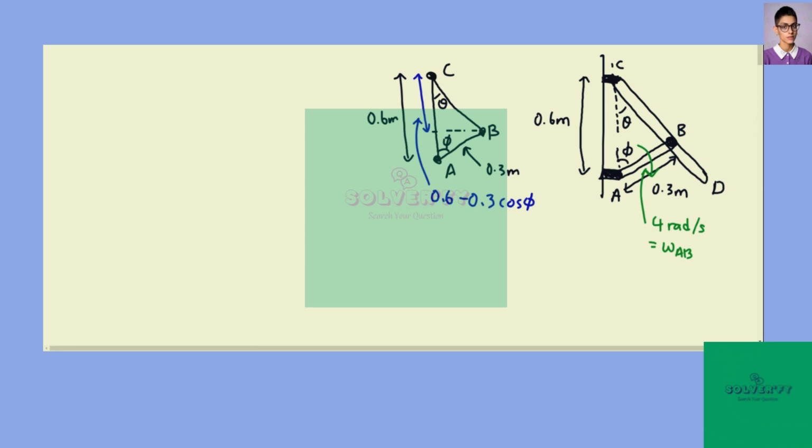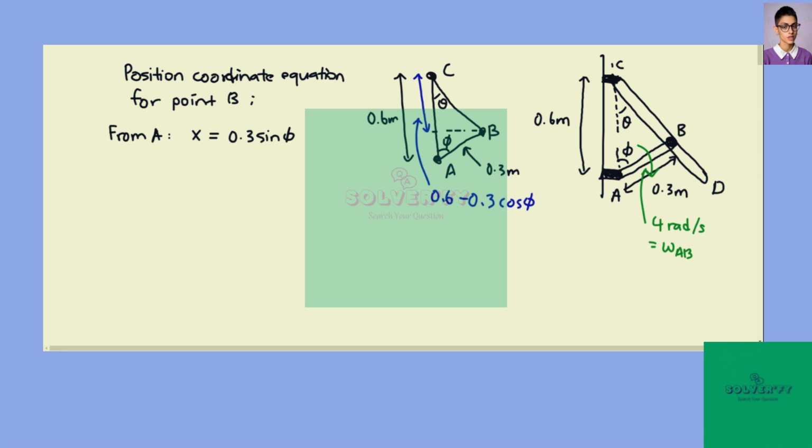To start, we'll write down the position coordinate equation for point B. From point A, x is equal to 0.3 sine phi.